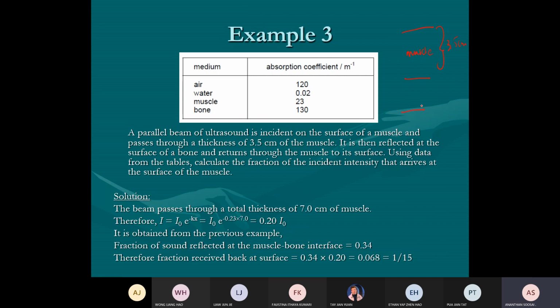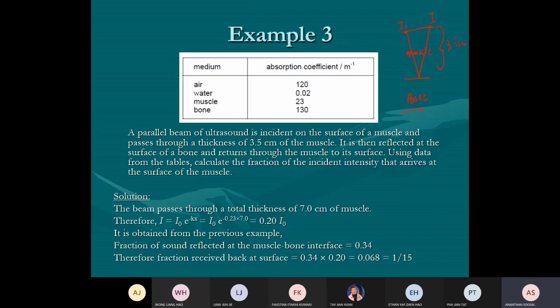So next layer is bone, and returns through the muscle to its surface. So this is the original intensity I naught goes from the muscle, reaches the bone, and reflects back to the muscle again. So I just put I.